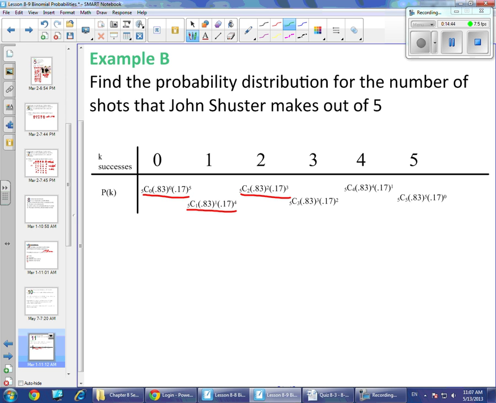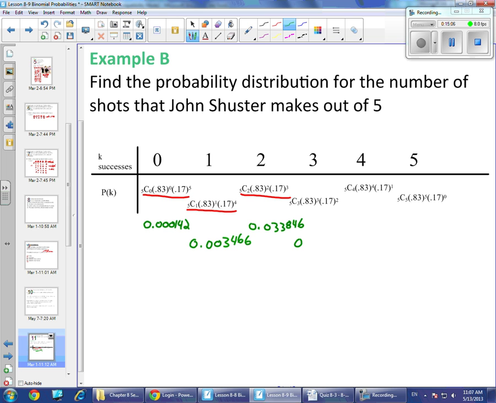Okay, and I could go through and find all these probabilities, do all these calculations. So for instance, this is 0.000142. This guy is 0.003466. This guy is 0.0333846.